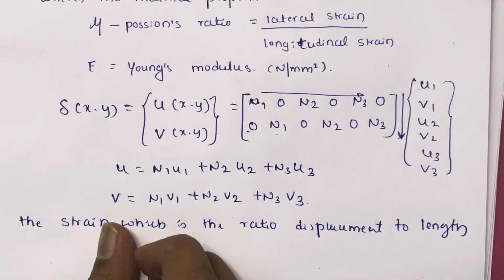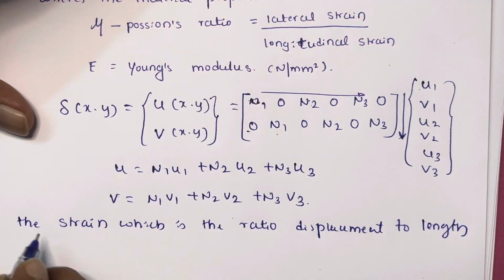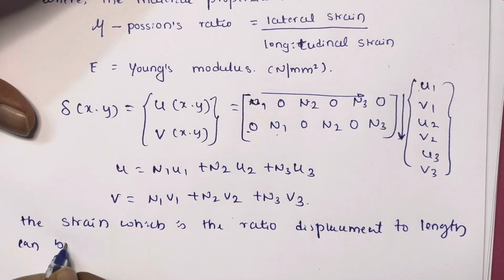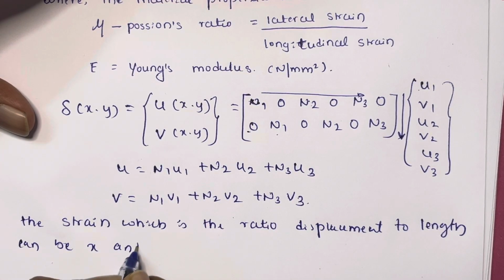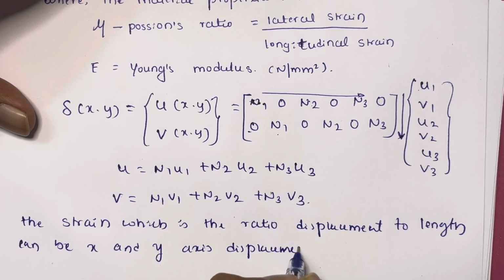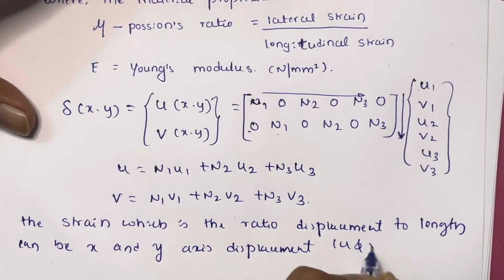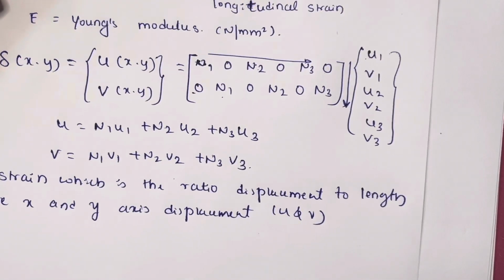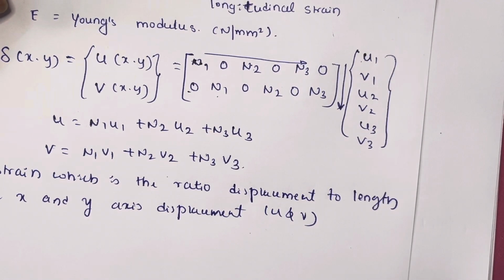The displacements along the x and y axes can be u and v. We will write them one by one.